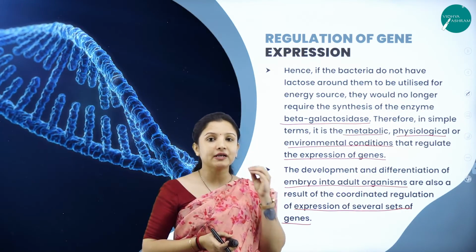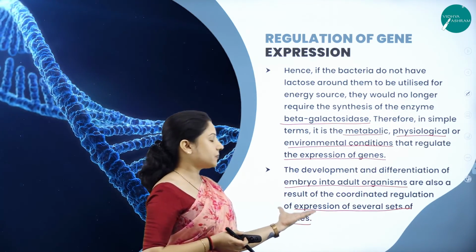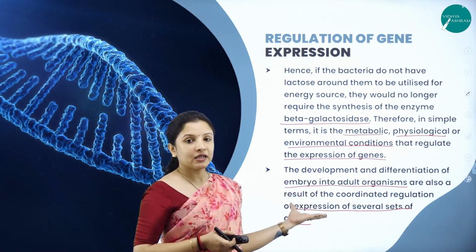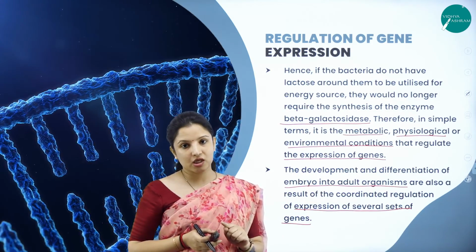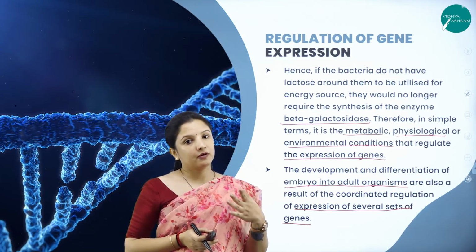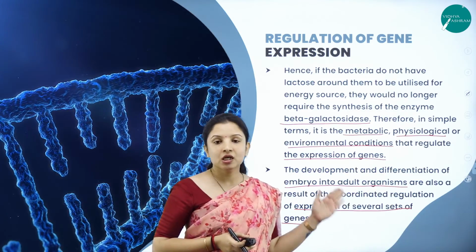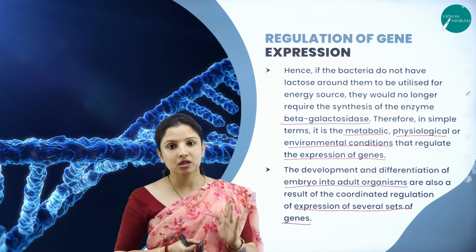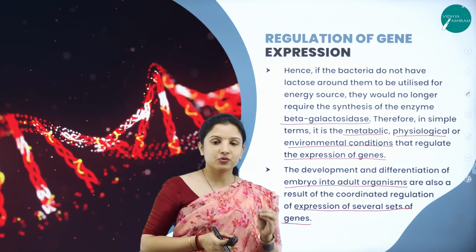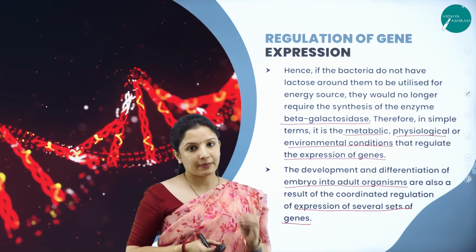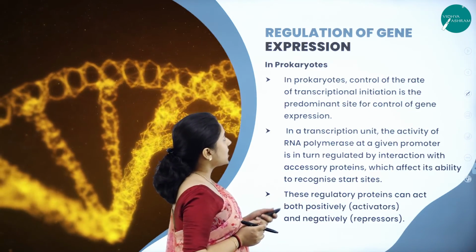Each and every tiny thing in our body is regulated by the genes itself, and each and every function is done by a specific gene, or one gene can perform 2 or 3 functions. So therefore, the expression of genes is very important in any organism if the normal individual has to live happily without any deformities. So that is why it is very important.